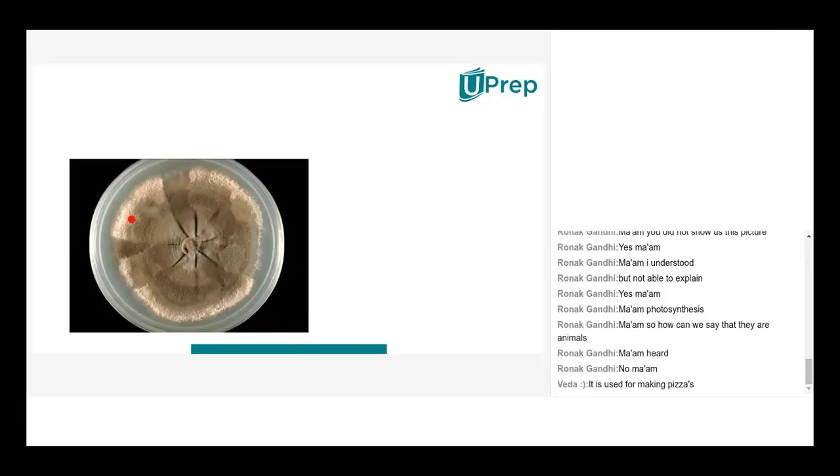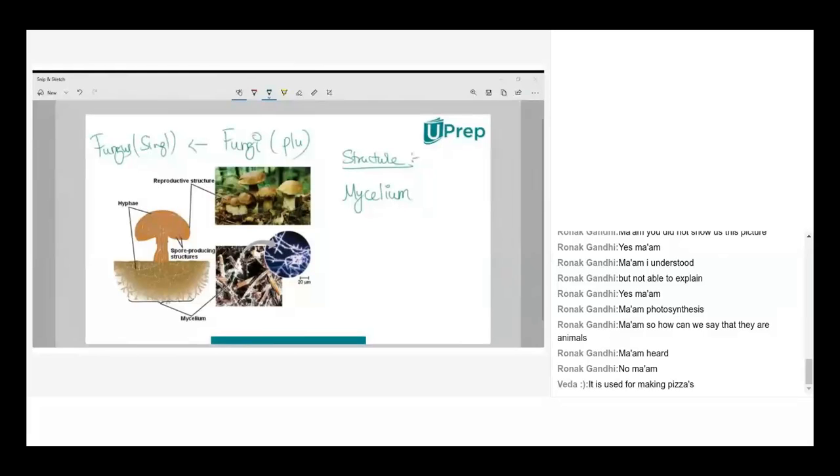Ma'am, I've heard of a thing called medusoid mycelium. Is that real? Medusoid mycelium is a different concept. Actually, I'll explain that. When you take the fungus cell body, it will be like this.